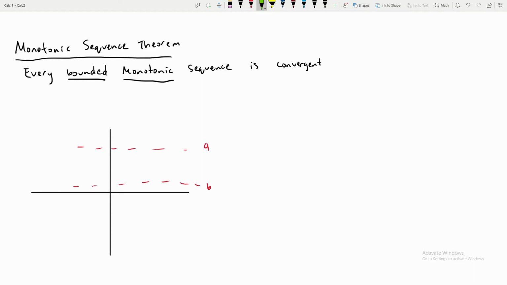So that would mean that either we approach this upper bound like that, or we approach this lower bound something like this. It'd have to approach one of these bounds eventually because it is monotonic. It can't bounce up. You can't have something like this because that would not be monotonic. And also you cannot have something that would go towards infinity because it is a bounded sequence.